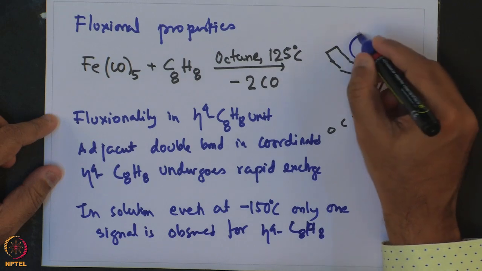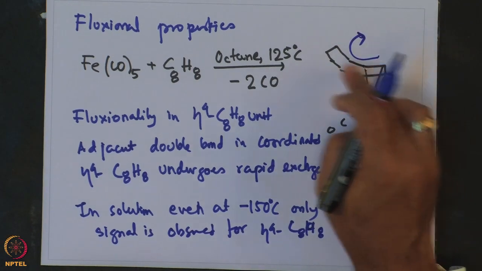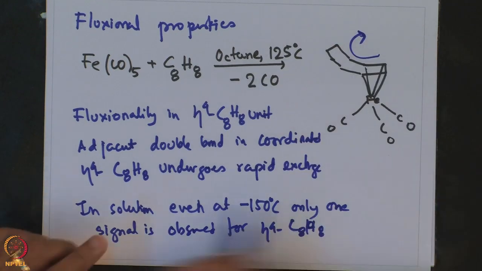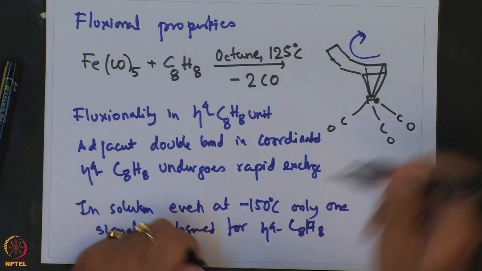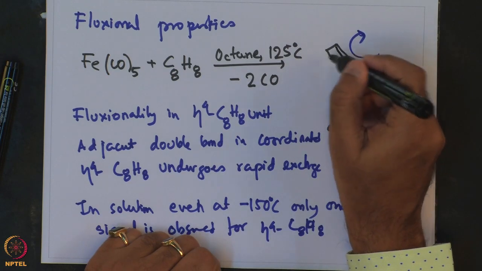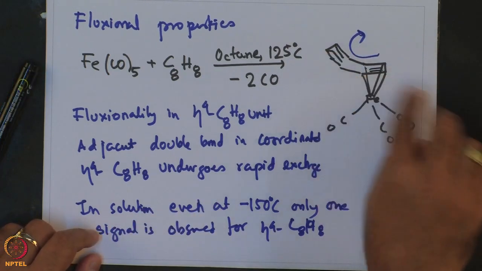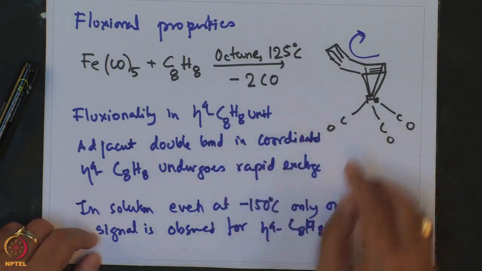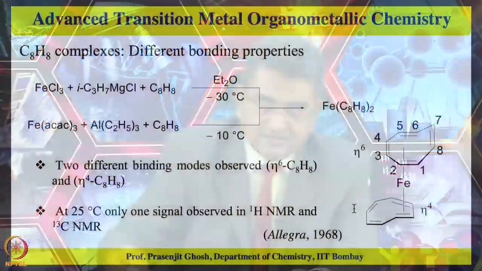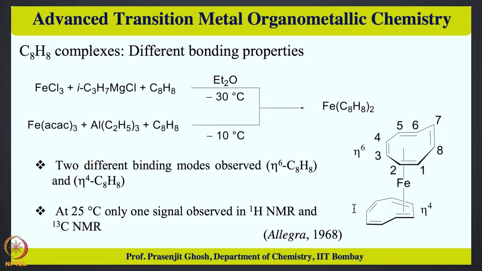So, what does that mean is that these will exchange with the other C8H8 unit, and these two things just keep on exchanging among themselves, so that even at temperatures above 180 degrees centigrade one could see only one type of eta 4 bound C8H8 unit. So, different binding properties of the C8H8 ligand are explained here.